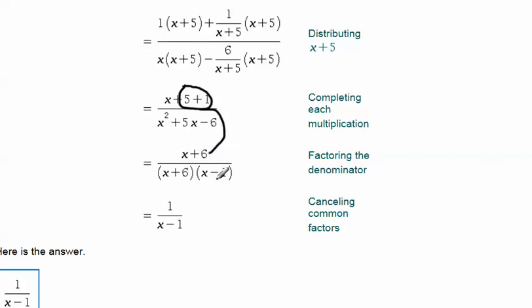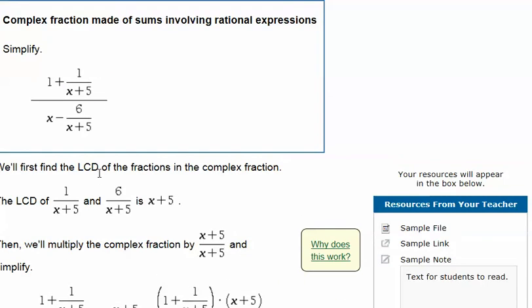So now that the denominator is factored, we see that we can cross-cancel this and this. So what are we left with? We're left with x minus 1 on the bottom. In a fraction, we can't just have a blank on the top, so we have to have 1. So we're left with 1 over x minus 1. And that is how you solve complex fraction made of sums involving rational expressions.